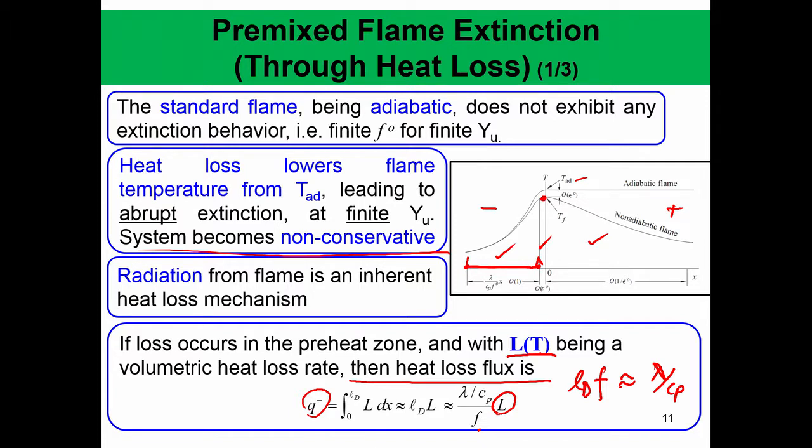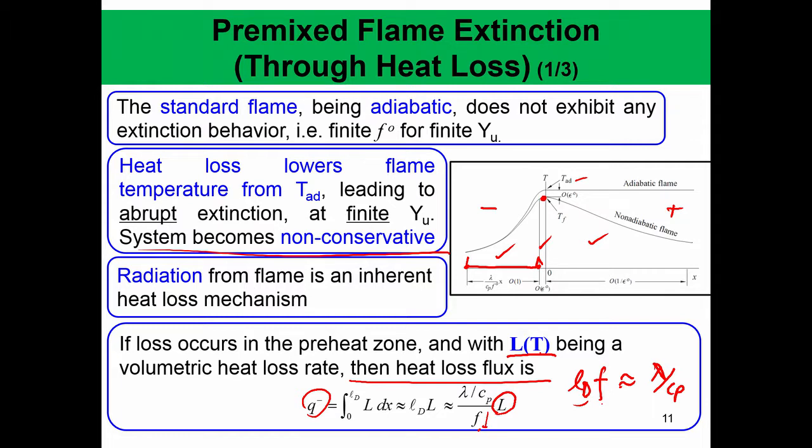When Q minus increases, the temperature will come down, and as we know, the burning flux is a very strong function of temperature. So when heat loss increases and the temperature comes down, this F also will come down. When F comes down, because L_D times F is equal to lambda by Cp, L_D will increase, that is, the flame thickness will increase.